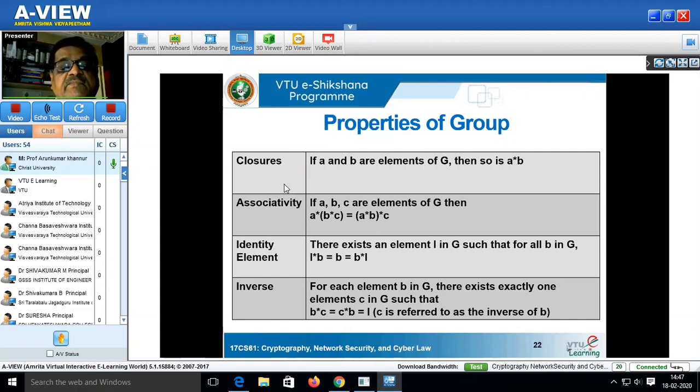This is associativity. If it is happening, that is one of the properties of a group.